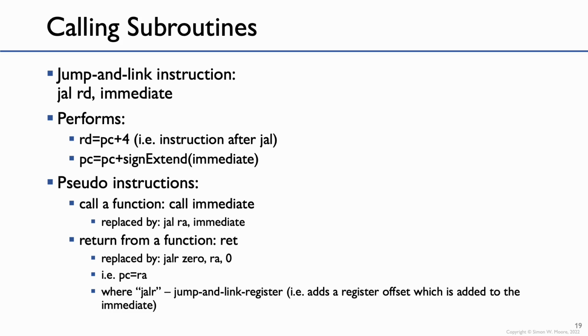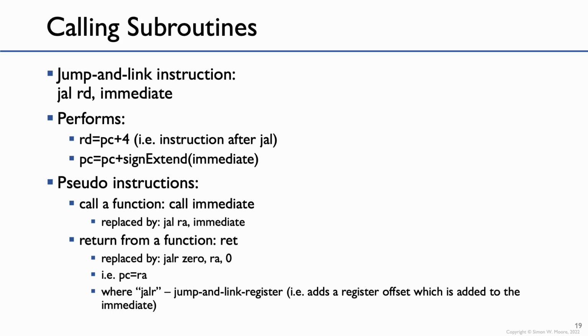In order to return from a function, there is a ret pseudo instruction, and there again that gets replaced by a real machine code instruction. Here there is a JALR, which is a jump and link with a register specifying the place where you want to jump to, so it's a more general instruction than return.